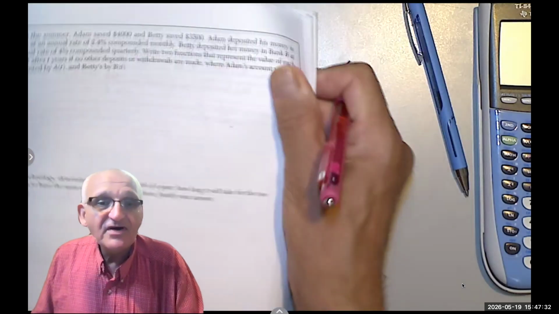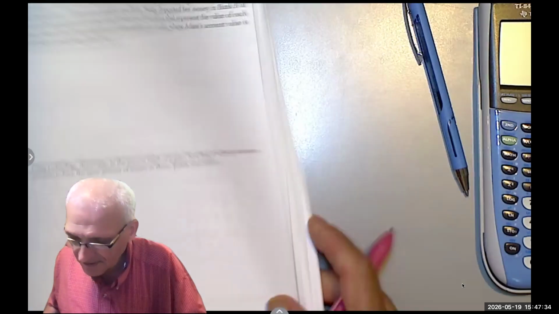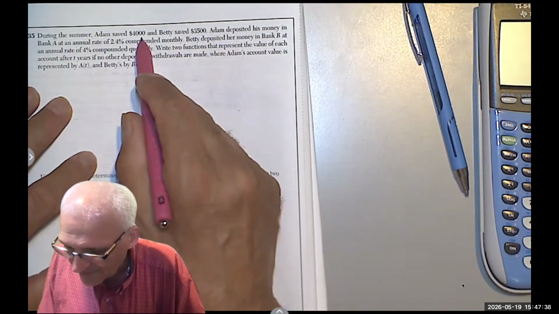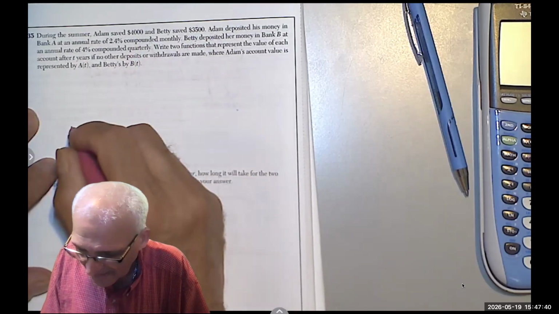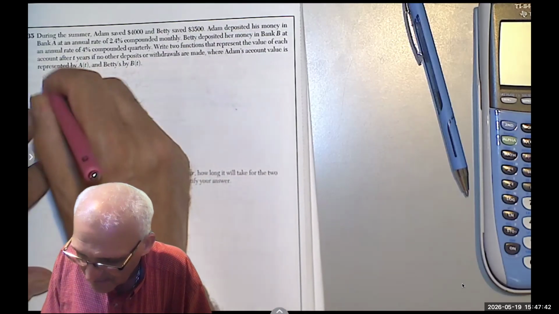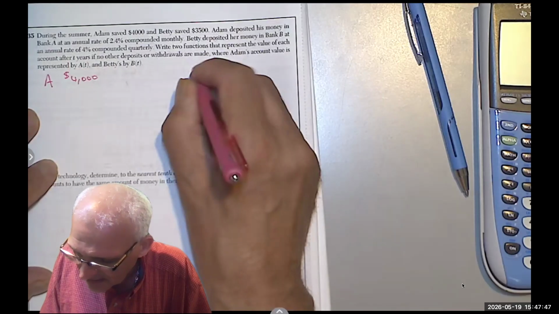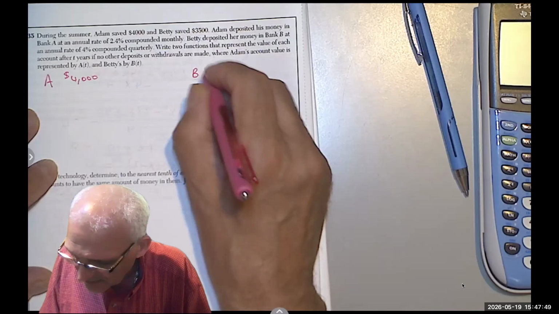Okay, number 35. Okay, time is not bad. During the summer, Adam and Betty saved money. Adam saved $4,000 and Betty $3,500.